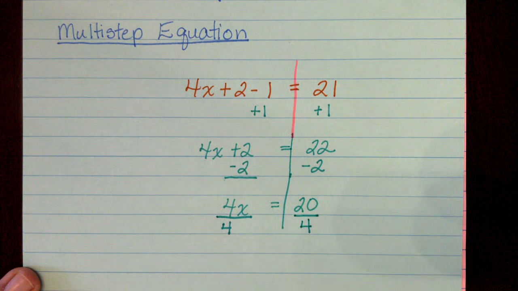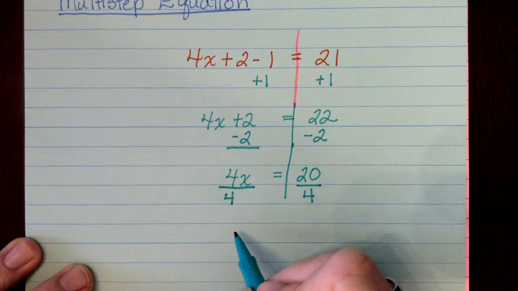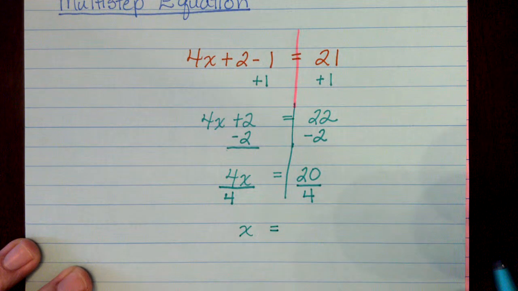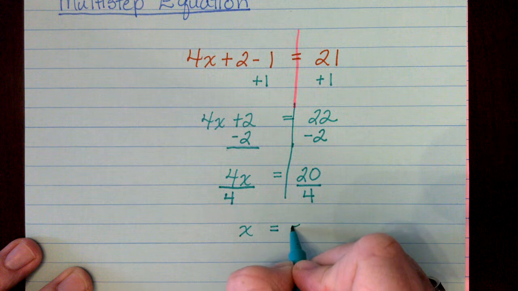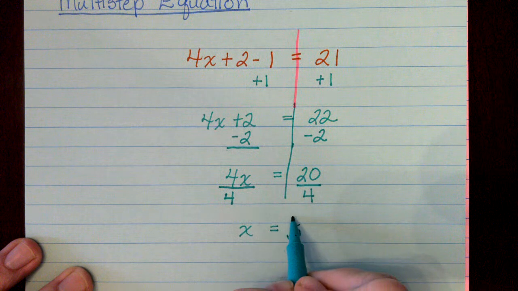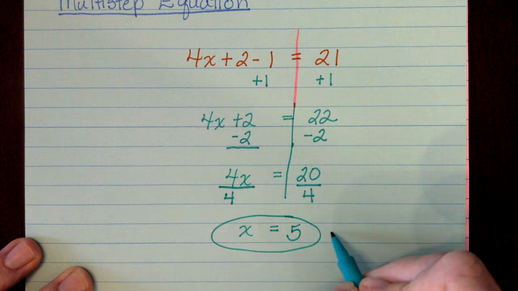Whatever we do to one side, we have to do to the other. So that gives us x by itself equals 20 divided by 4, which is 5. Our solution is x equals 5.